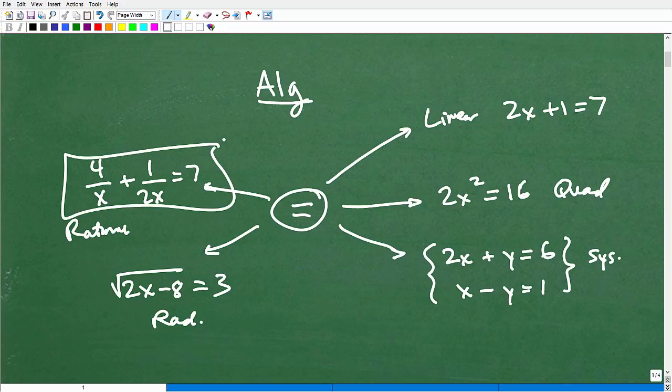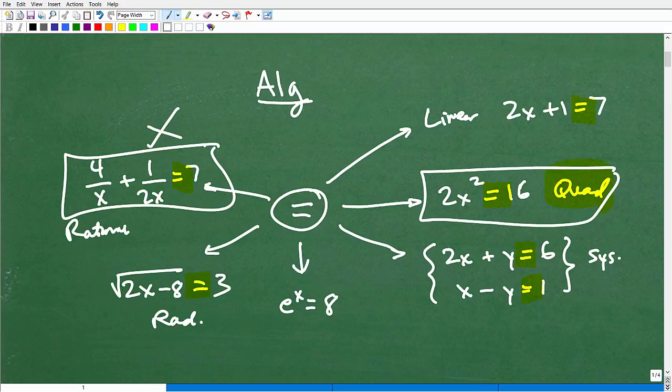Okay, and there's even other equations, right? As you study more advanced math, you have exponential equations, et cetera. So anytime in mathematics you see an equal symbol, you need to determine, okay, is this a quadratic equation? Because the approach to solve this is completely different to solve this and completely different to solve this, okay? That's why you need to be focused and be taking great notes and working hard to learn this stuff.